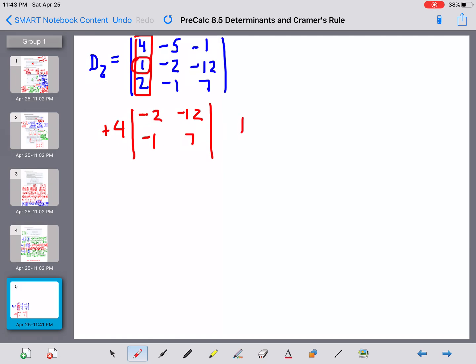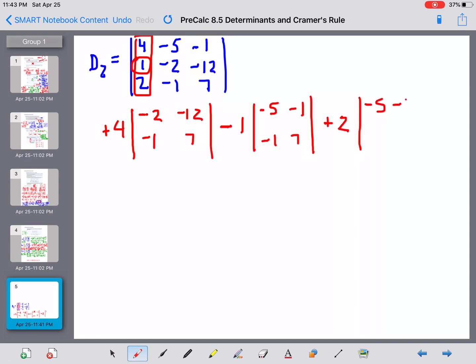And if I cross off its row 2 and its first column, my remaining elements are -5, -1, and -1, 7. And finally, my last coefficient is going to be 2. It's a positive position. And if I cross off its bottom row, the third row, and its first column, my remaining elements are -5, -1, and -2, -12.